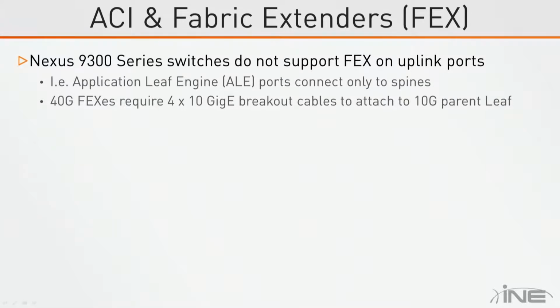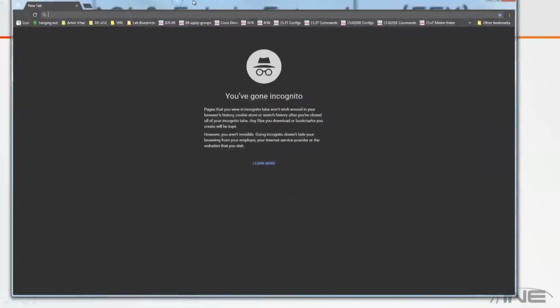And going forward, there may be some changes in the platform limitations, but as it stands now, that is the case with the 9372 and most of the other common models that we'd be using as the leafs.